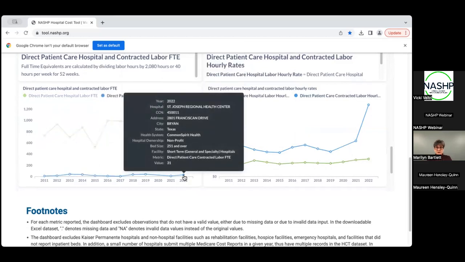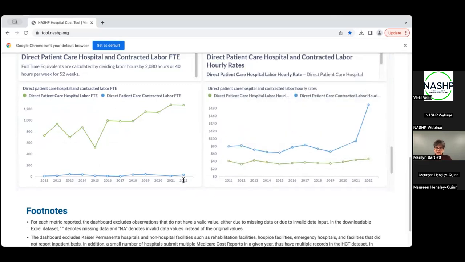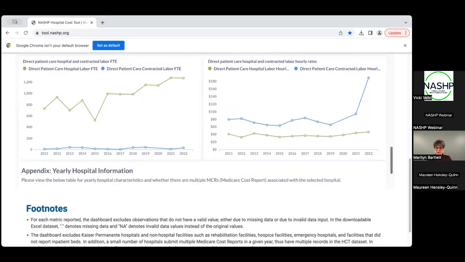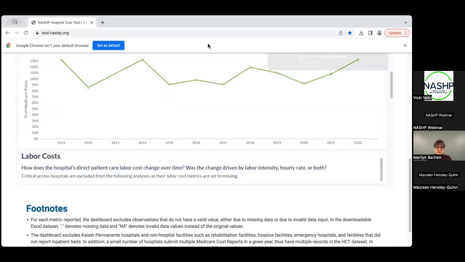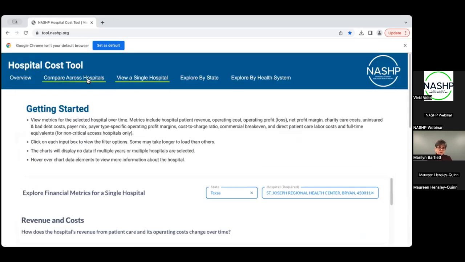They're at 31 FTEs for contracted. So over here, that rate may be 190 per hour, but you've also got to consider the mix of contracted versus the hospital staff.